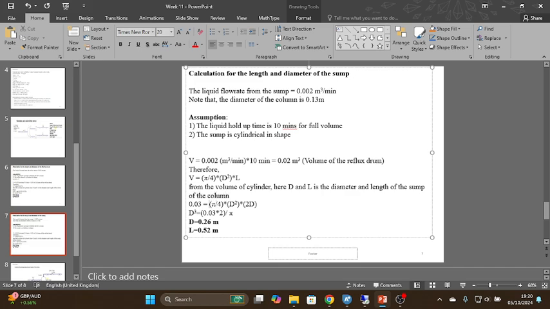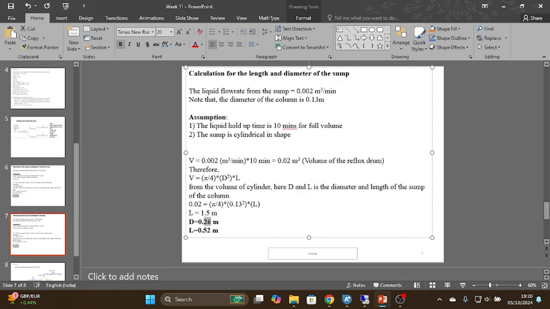This becomes 0.02 equals pi by 4 into 0.13 square into L. So from here we have to calculate the length. The length of the sump is going to come approximately around 1.5 meter.